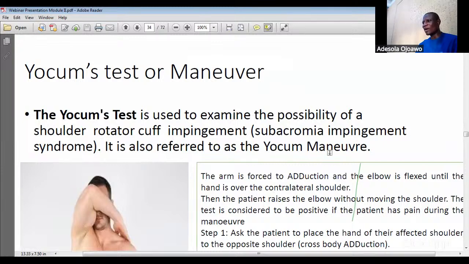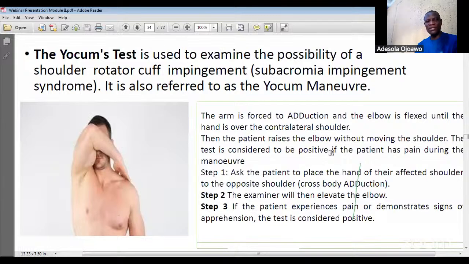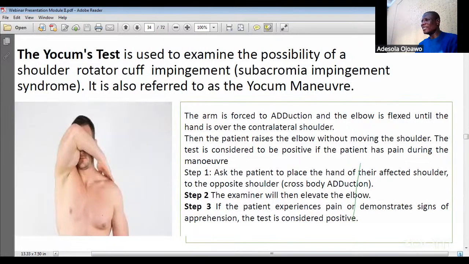It's also referred to as the Yocum maneuver. How do you do that? The arm is forced to adduction, and the elbow is flexed until the hand is over the contralateral shoulder. Then the patient raises the elbow without moving the shoulder. The test is considered positive if the patient has pain during the maneuver.